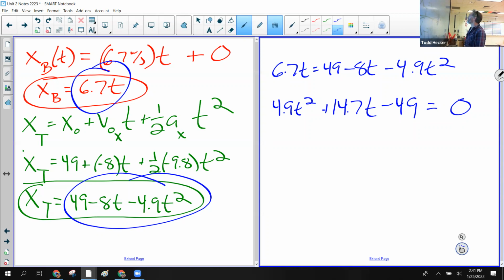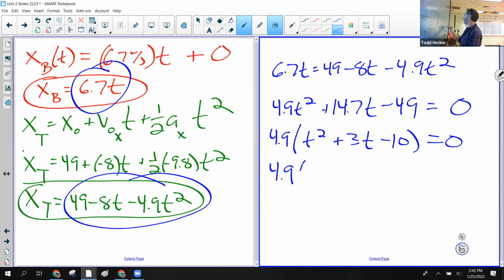All right. Now, because I wrote this problem, I cheated. All of these things are divisible by 4.9, which you wouldn't notice, but they are. So I'm going to factor out a 4.9. This becomes 4.9 times t squared plus 3t minus 10 equals 0. And then this factors: 4.9 times (t plus 5)(t minus 2).